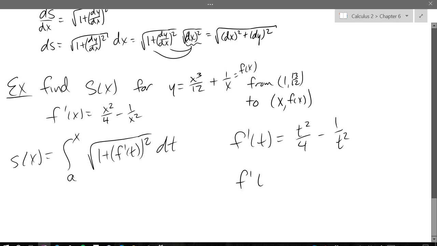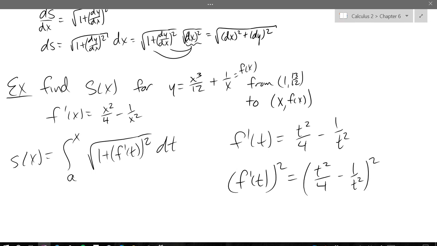So I need f prime of t squared now. So square it out. Do not do the freshman's dream, which is squaring each part individually. You get the outside-inside term also. Yeah, the outside-inside. So FOIL it out, reduce it down.